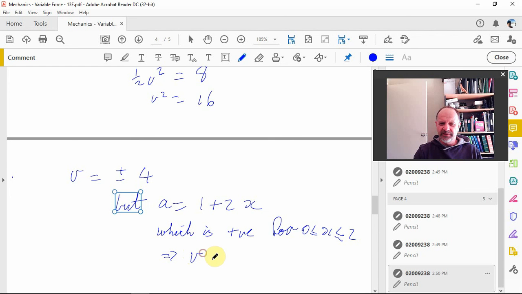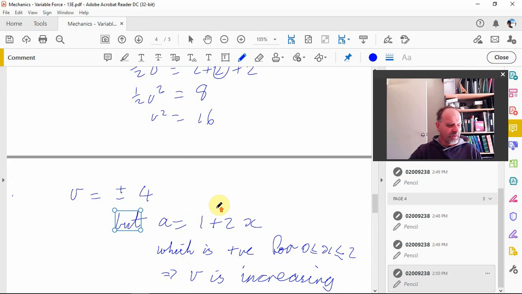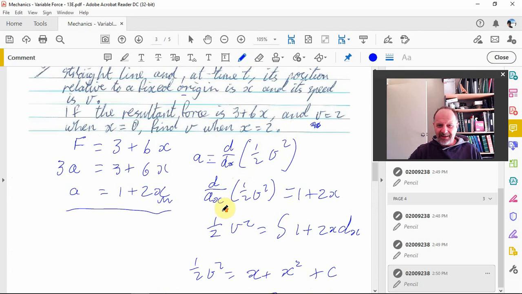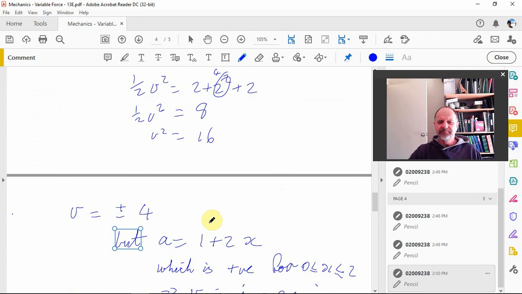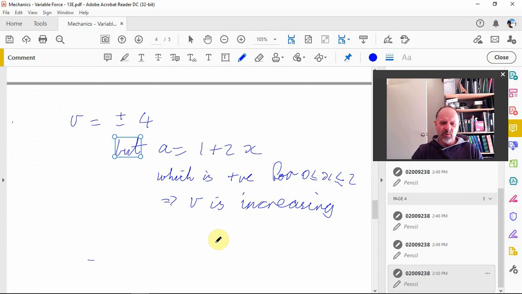That means that the speed is increasing. And if the speed is increasing, then what we had at x equals 0 was a positive 2, and it's increasing. So if it was at positive 2 and it's increasing, that means it is 4 meters per second.